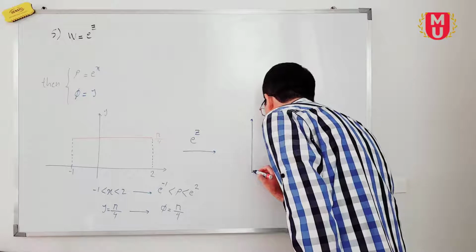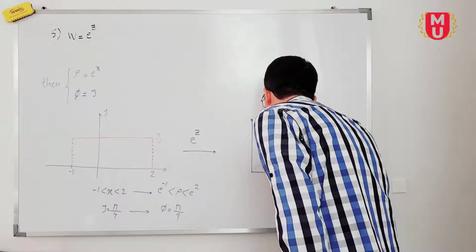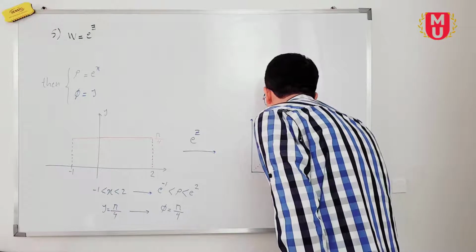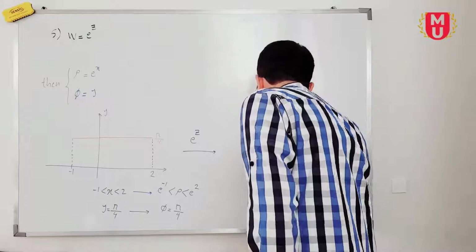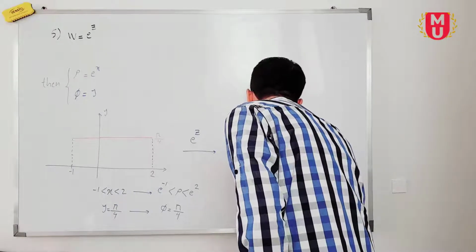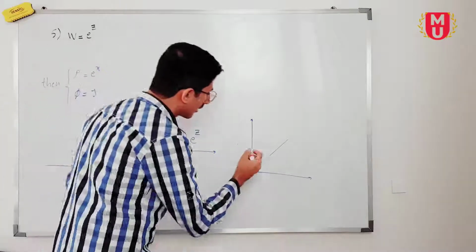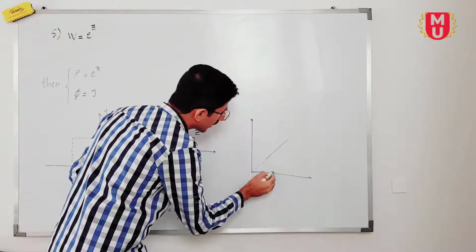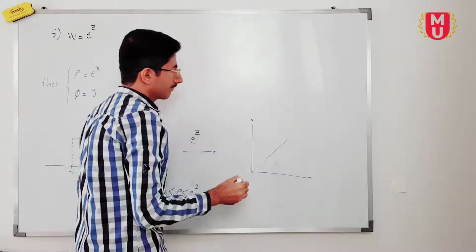It's pi over 4, in the middle of the first region in polar coordinates. This is the radius of 1 over e.